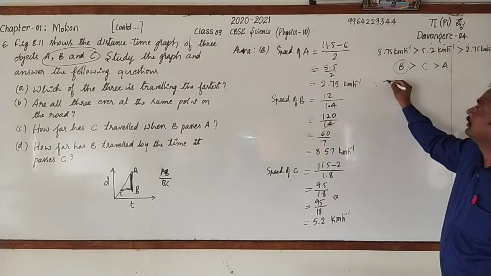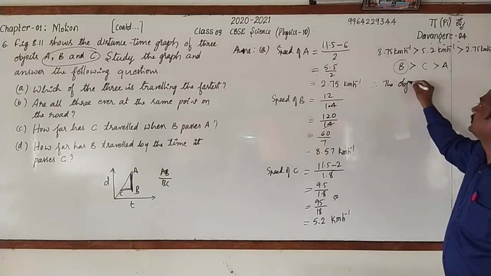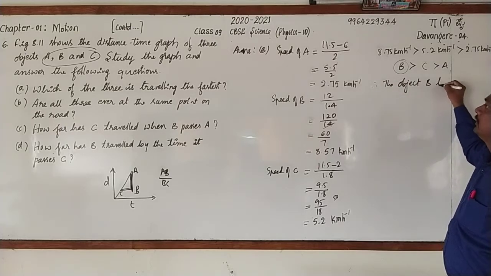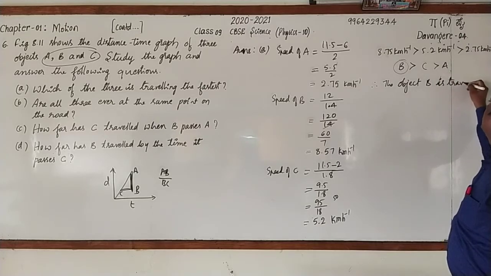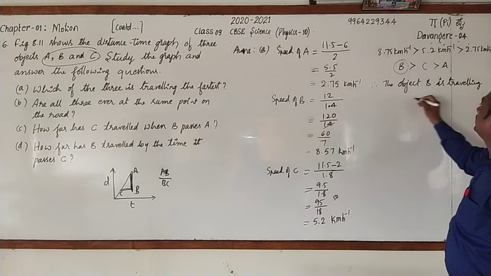So therefore, object B is traveling fastest.